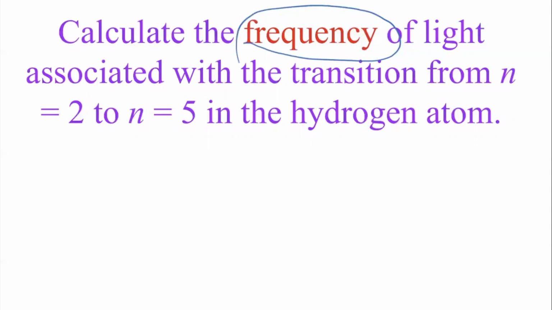Well, we have an equation, right? I have delta E equals negative 2.18 times 10 to the negative 18 joules times 1 over n final squared minus 1 over n initial squared.